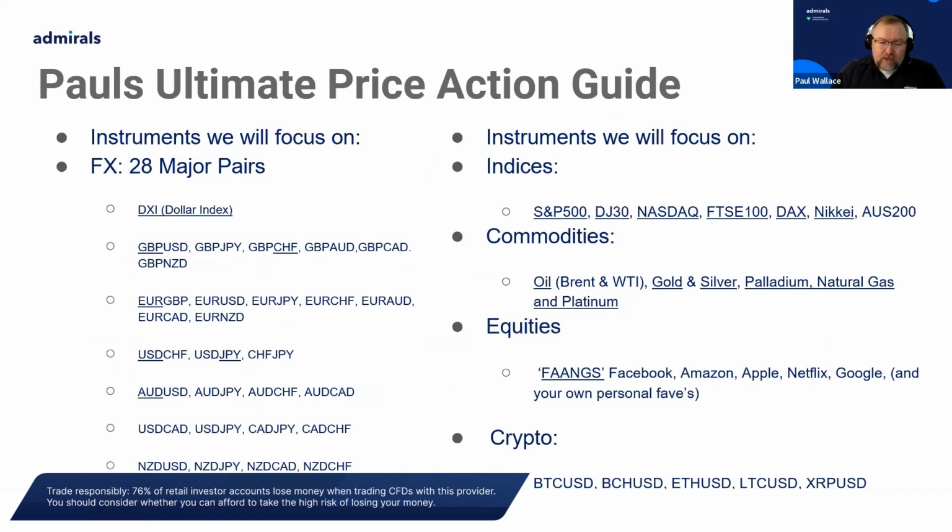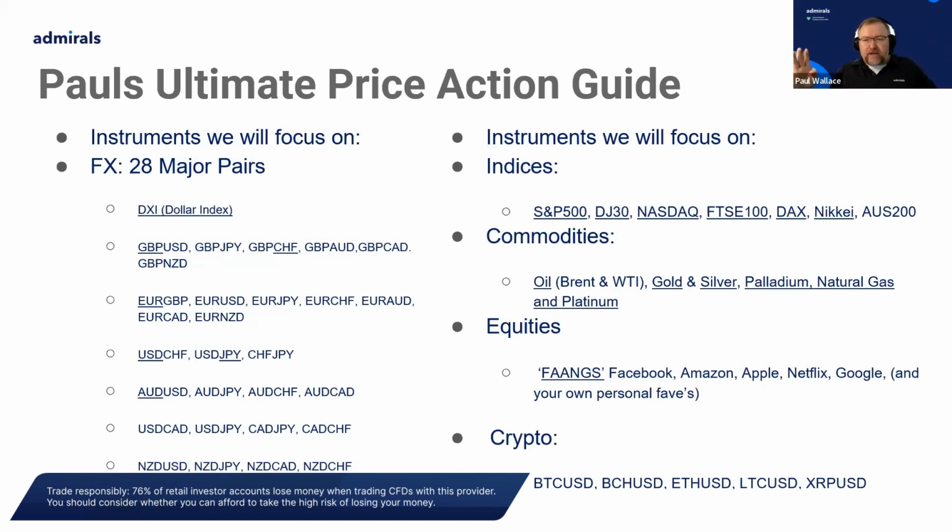We have mostly focused on looking at quite a wide range of instruments, and you'll see me talk an awful lot about a lot of these instruments. So all of the 28 major FX pairs, the major and minor crosses, the major global indices, the major commodities, the major equities, and also a bit of crypto. But if that is a little overwhelming to begin with, that's okay.